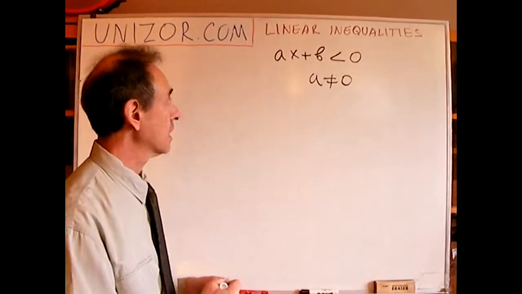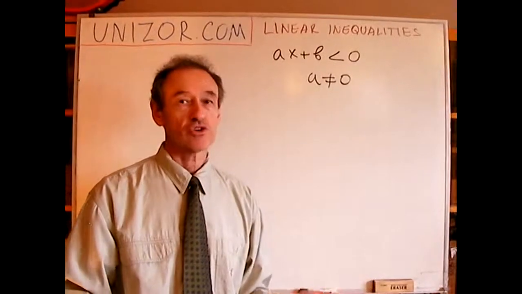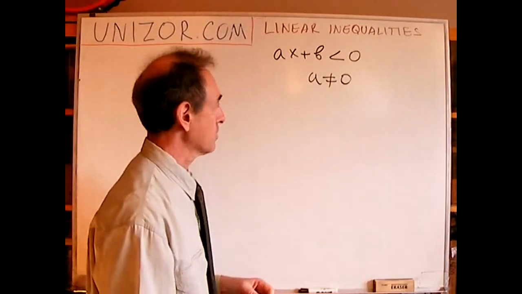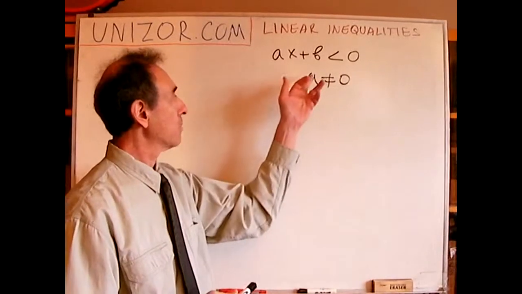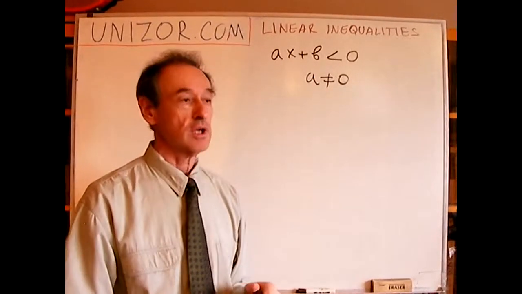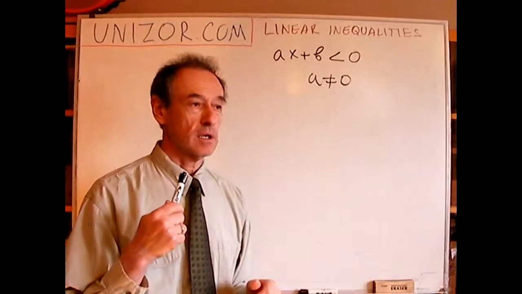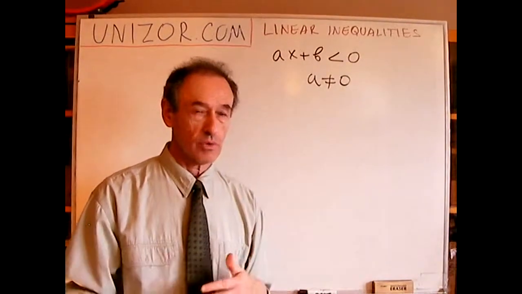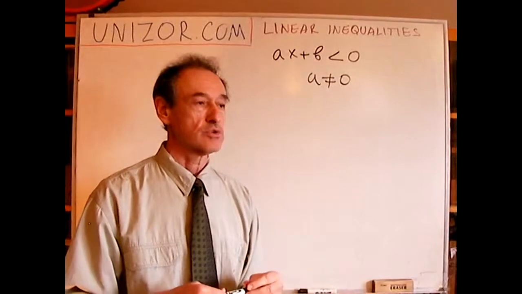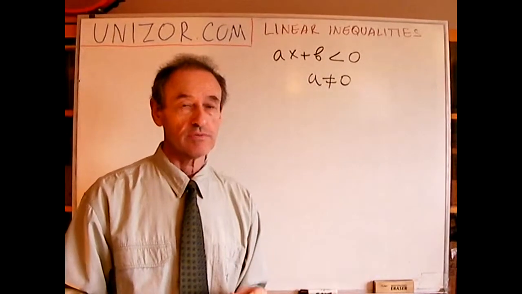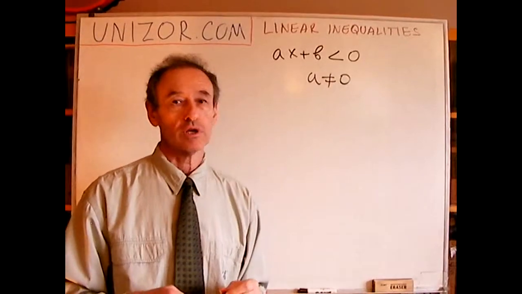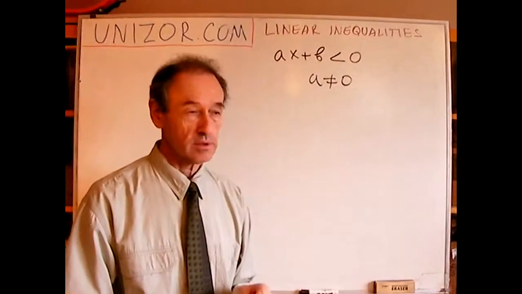Now, in this particular case, the first action, which I'm sure you know how to do, is to add minus b to both sides of the inequality. Adding any number, positive or negative or 0, to both sides of an inequality is an invariant transformation, and the sign of the inequality is retained.